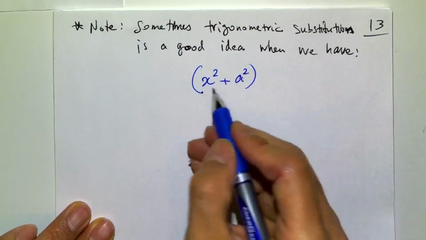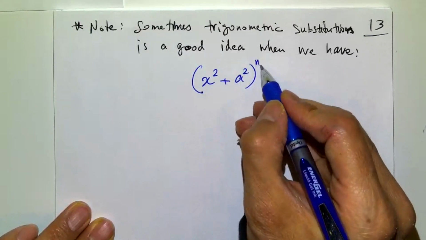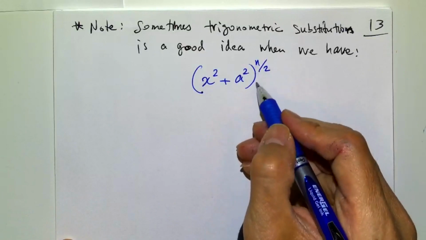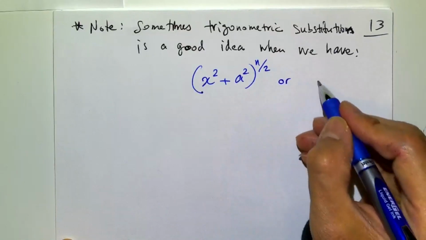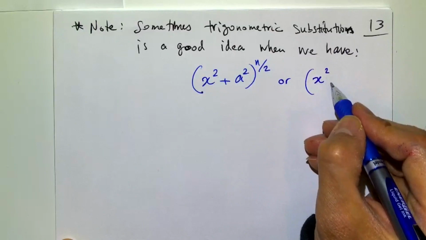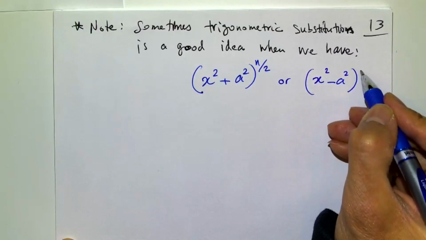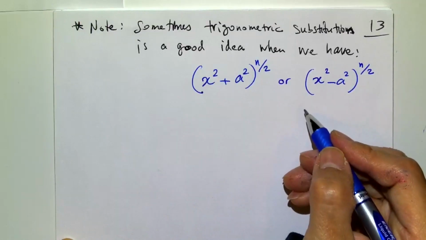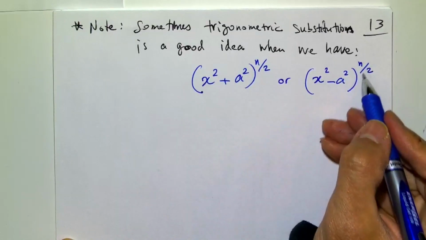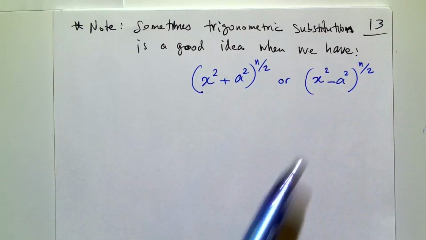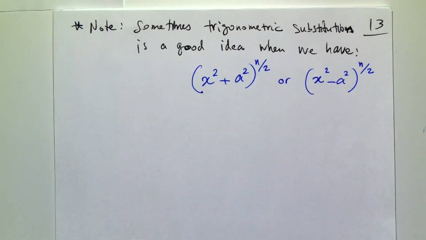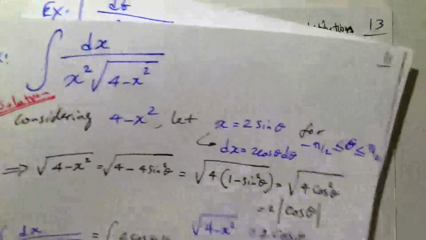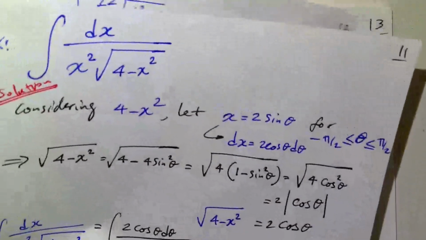That's when it's under the square root. But this is also n over 2. So n over 2, or x squared minus a squared to the n over 2 power, which I believe was the secant, when we did the secant, or the other one.